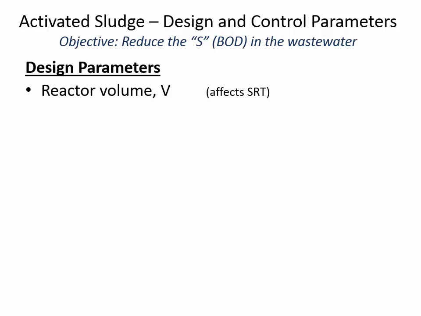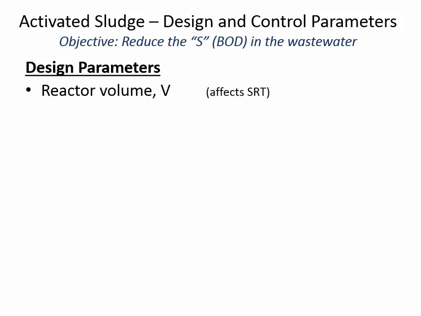Unless you decide to split the stream into multiple parallel tracks, the flow rate is going to be whatever the flow rate is because of people's use of water and how much they're adding to the storm sewer, or how much they're adding to the sanitary sewer. But we can adjust what we use as the volume of the aeration basin. And of course, the objective of all of this is just to reduce the amount of substrate in the effluent.